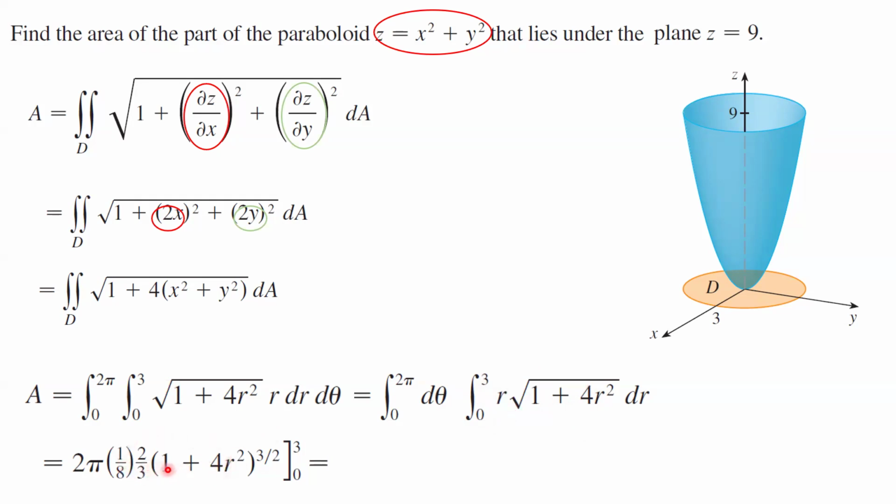And then you have (1 plus 4r squared) to the power 3/2 times 2/3. Then you plug in 3, then plug in 0, and do the subtraction. So the area of the surface is pi over 6 times (37 square root of 37 minus 1). To do the calculation, you can also use a calculator to get an approximation.